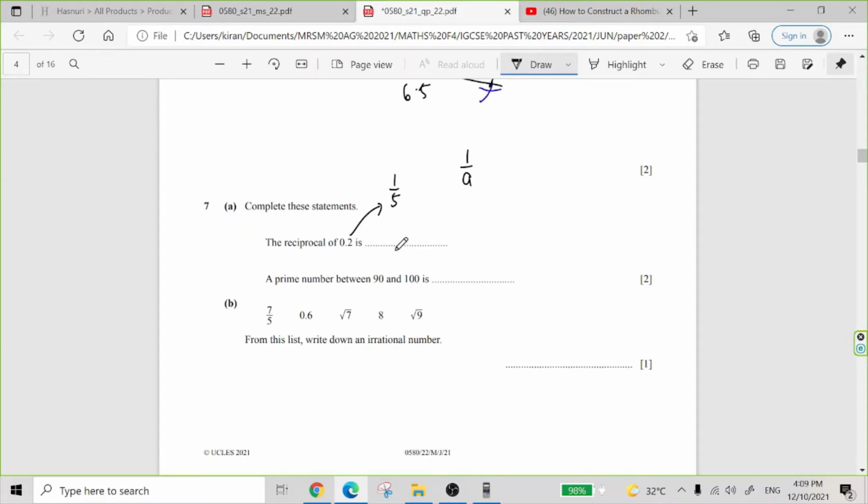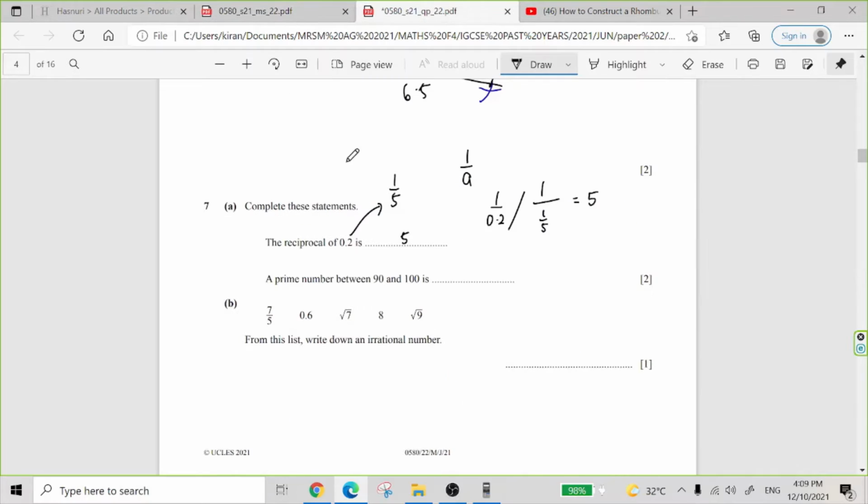Jadi sekarang ini apa yang boleh buat ialah 1/0.2 ataupun 1 over 1/5. So apa yang awak akan dapat? Awak akan dapat equal to 5. So the reciprocal of 0.2 is equal to 5.